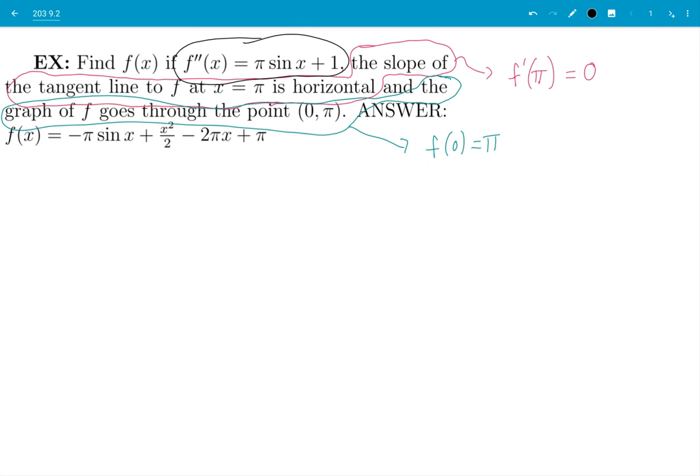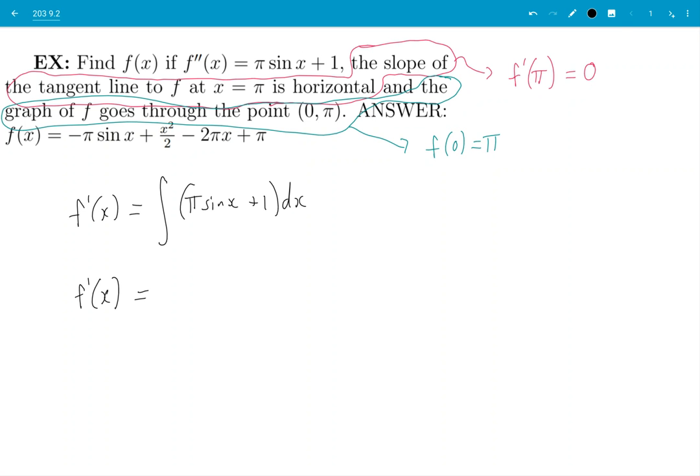Starting here, you don't have to worry about separating variables. You're given f double prime, so you can just go ahead and find f prime. It is going to be the integral of pi sine x plus 1 dx. So f prime of x is going to be, what's that, negative pi cos x plus a constant.